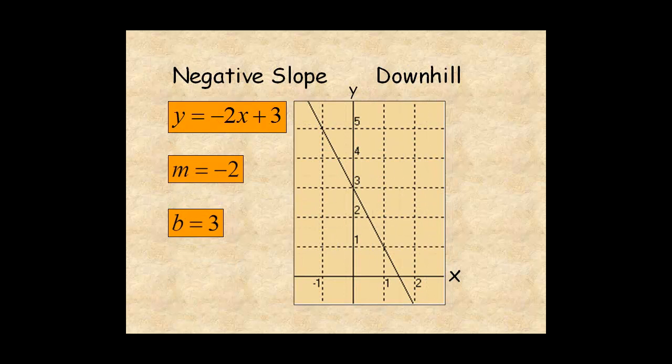In a similar way, when you graph this line down 2 and over 1 to the right, you also have to graph the line up 2 and back 1 to the left. You have to graph the line in both directions from the y-intercept.